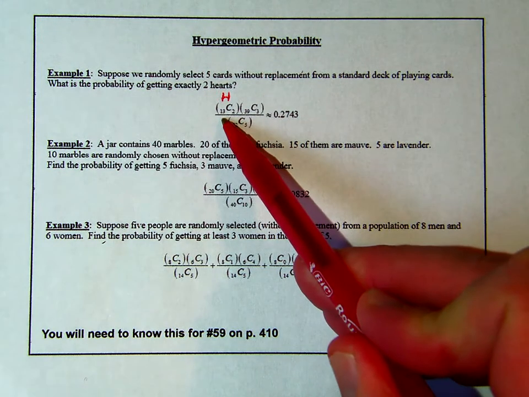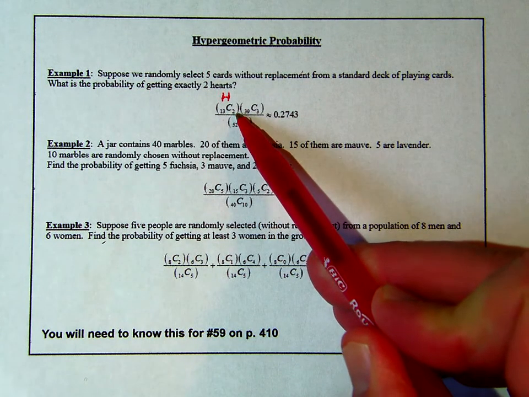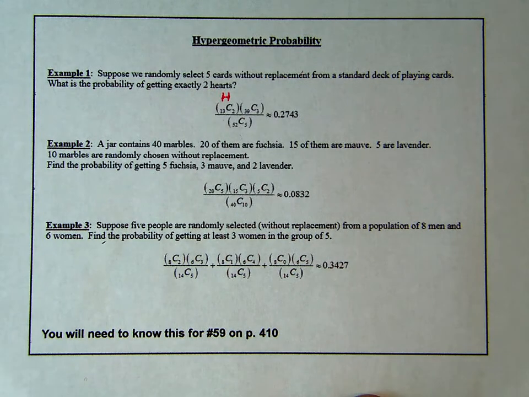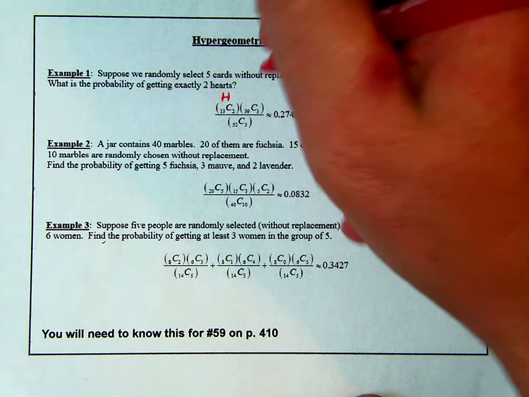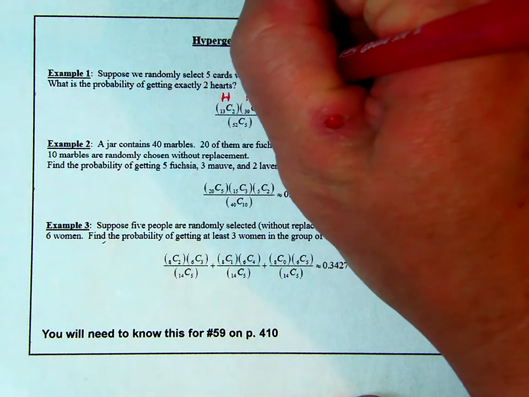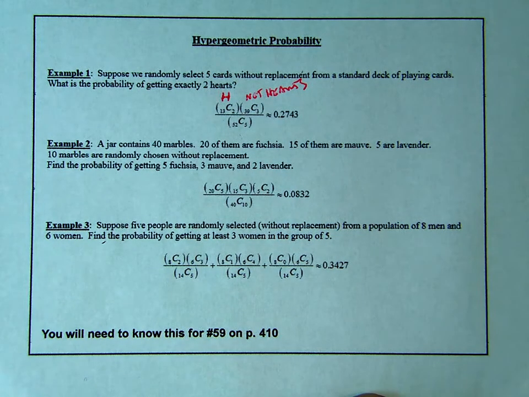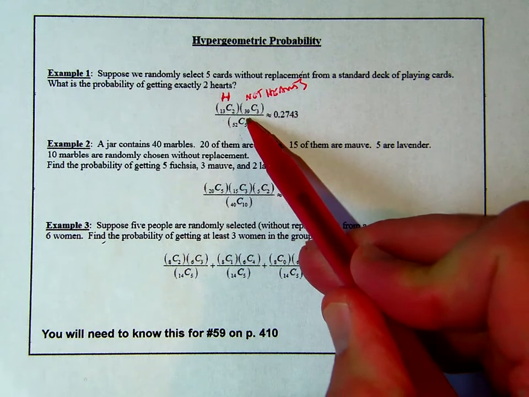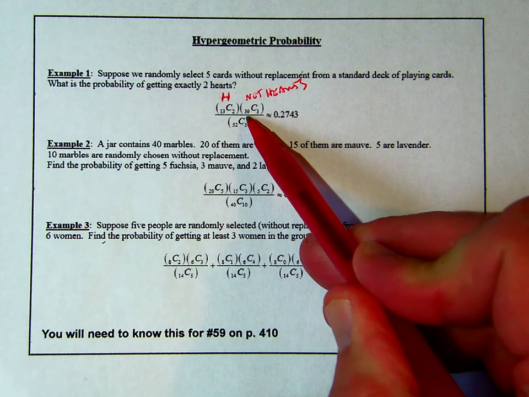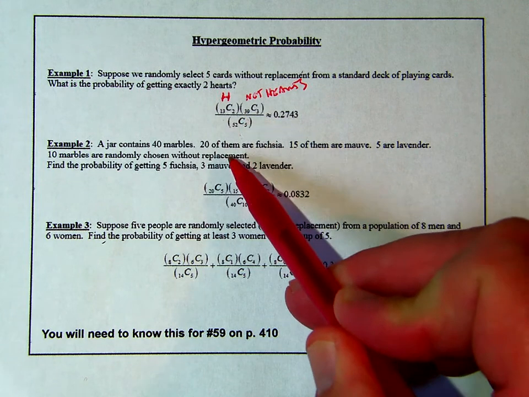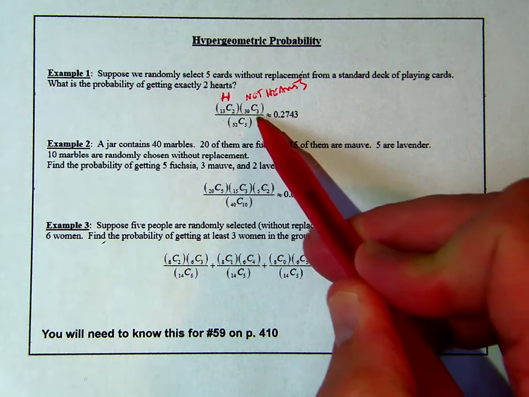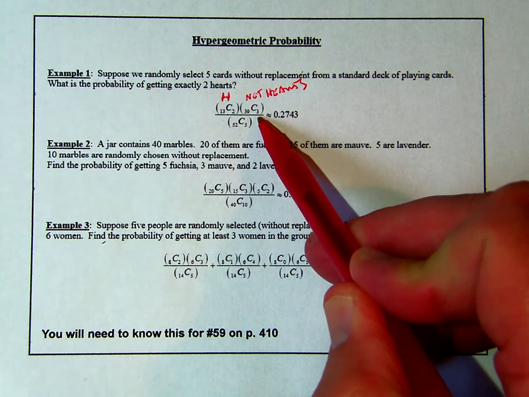There are 13 hearts, and we want 2 of them because that's part of the probability question. Now here is just not hearts. We don't care what other suit it is. For the purposes of this question, we only care about hearts versus not hearts. So there are 39 cards that are not hearts, and if we're looking at 5 total, and we want 2 of these, there must be 3 of those.